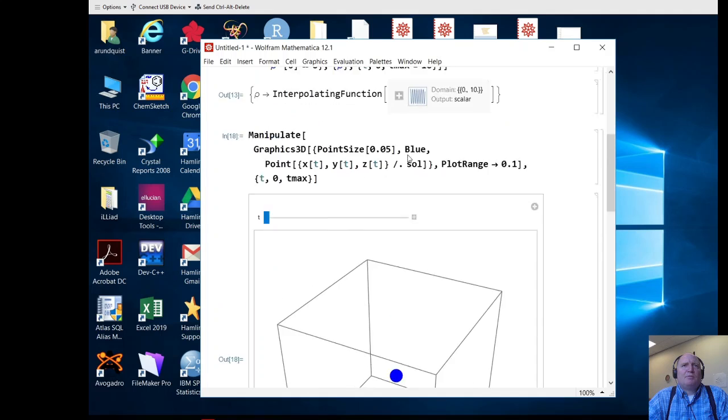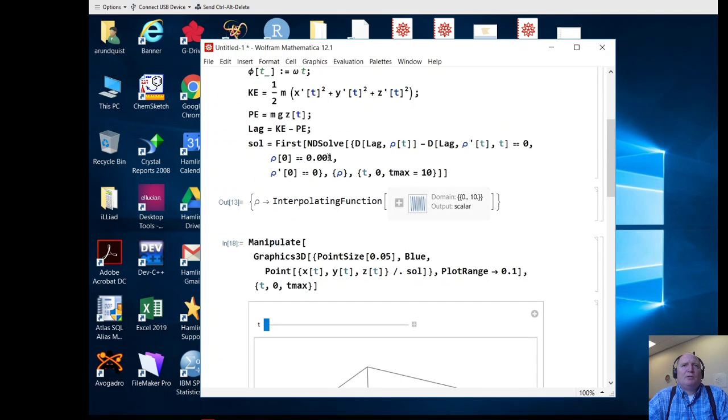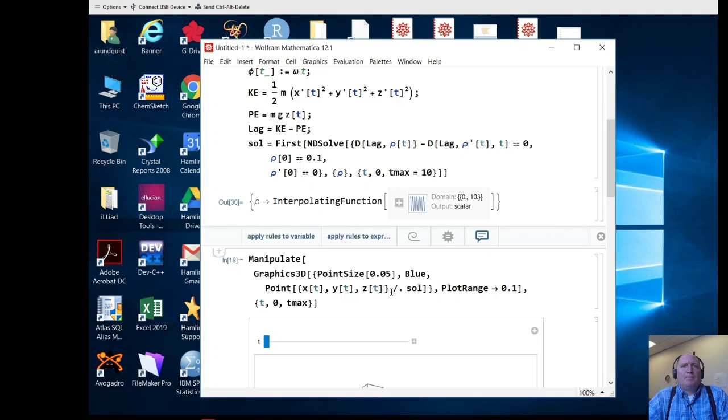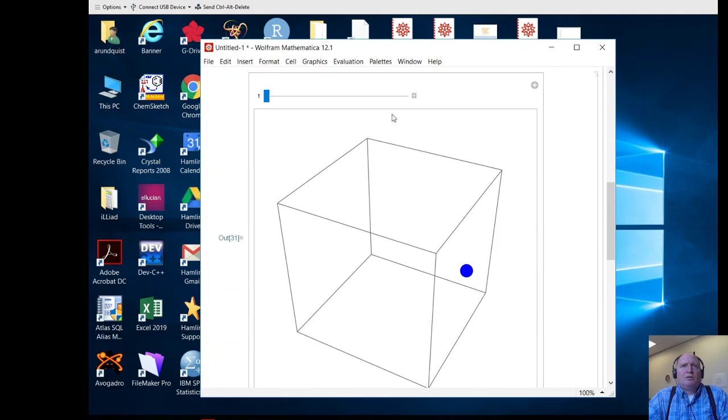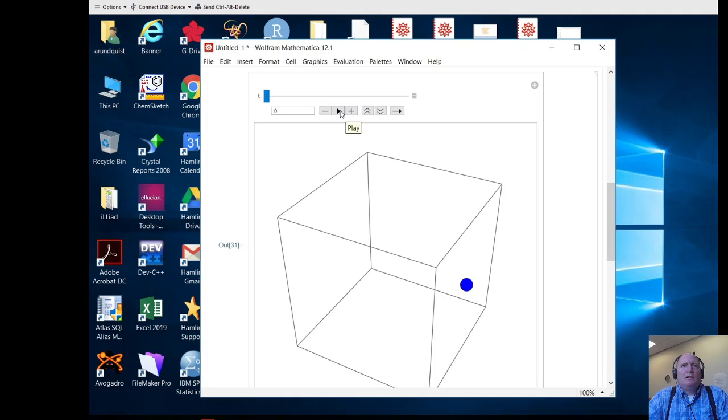Let's see if we can see it. Because remember, I started it at a really, really small number. Let's blow this up. There we go. So rerun this. So now here's this particle, and yeah, it'd be nice if I could draw the paraboloid. I guess I could do that. But sure enough, it's absolutely stable.